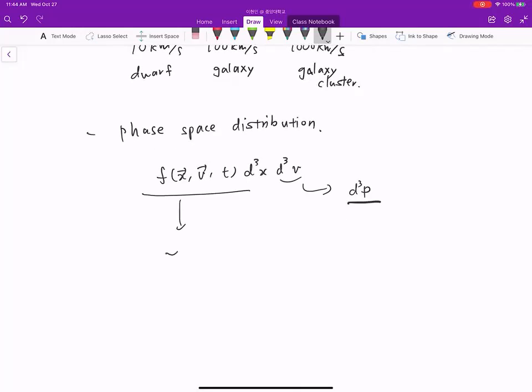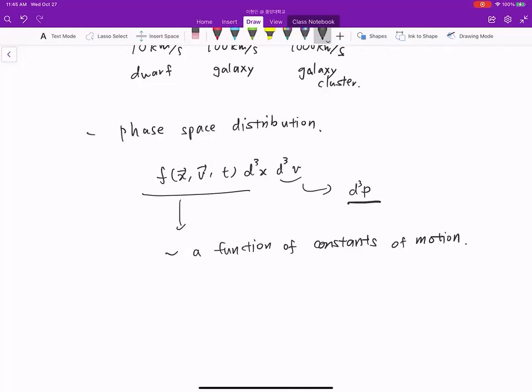And this is a function of constants of motion. As I said, every point in the phase space is equally probable as far as the energy or angular momentum are conserved.